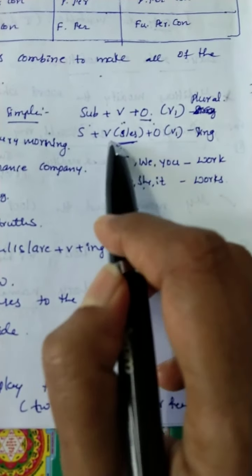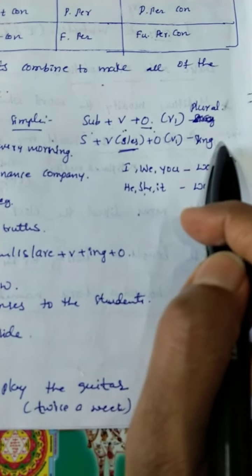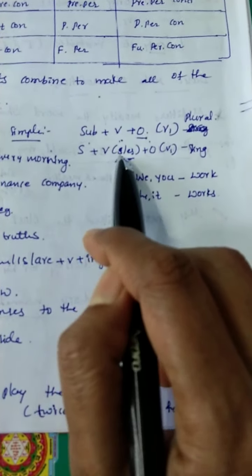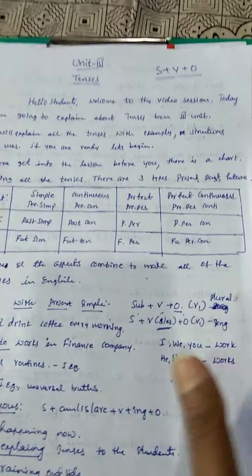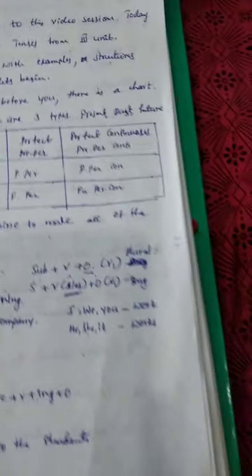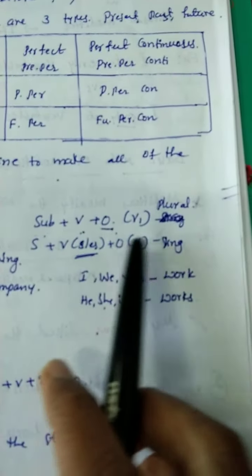Okay, this is very important in the form. As you know, the basic structure of a sentence is subject plus verb plus object. So the same structure we follow in simple present tense.